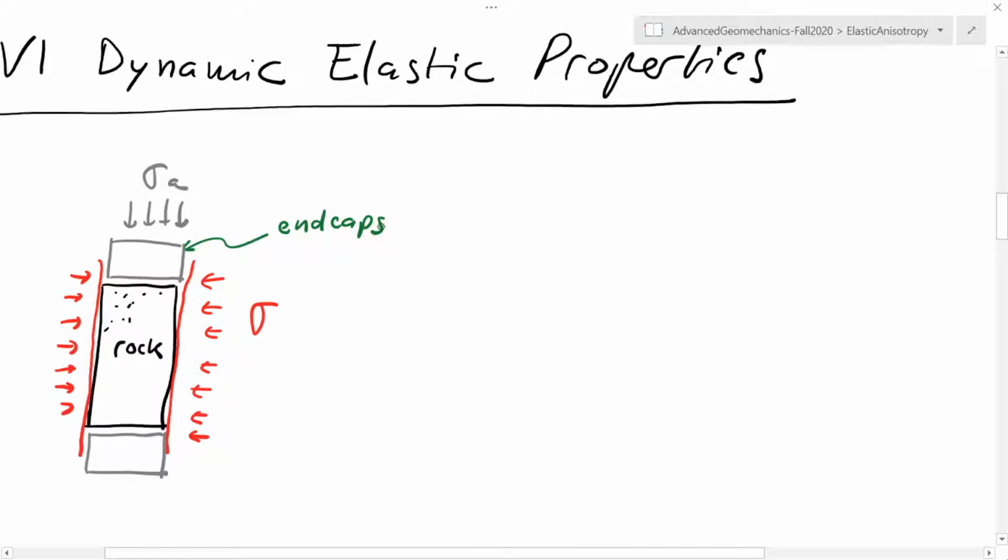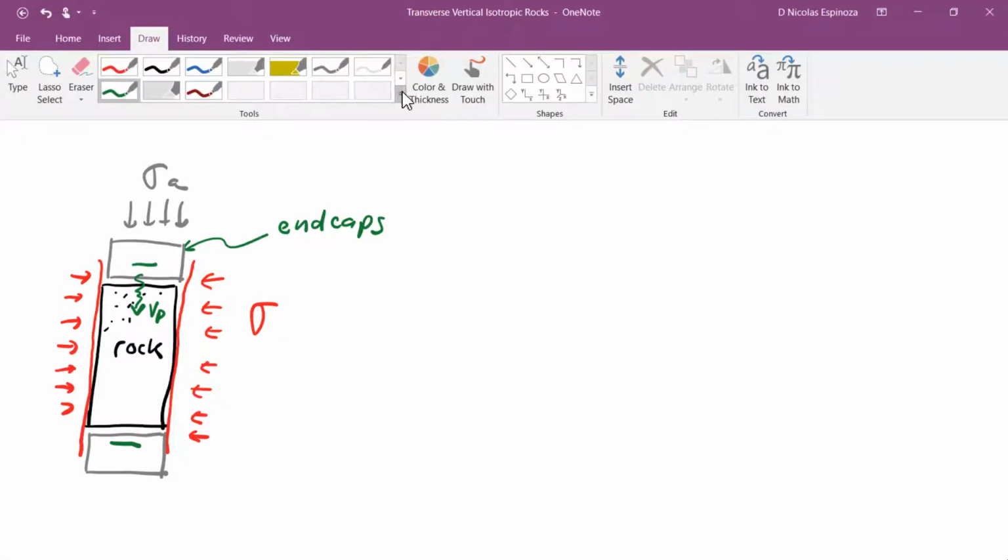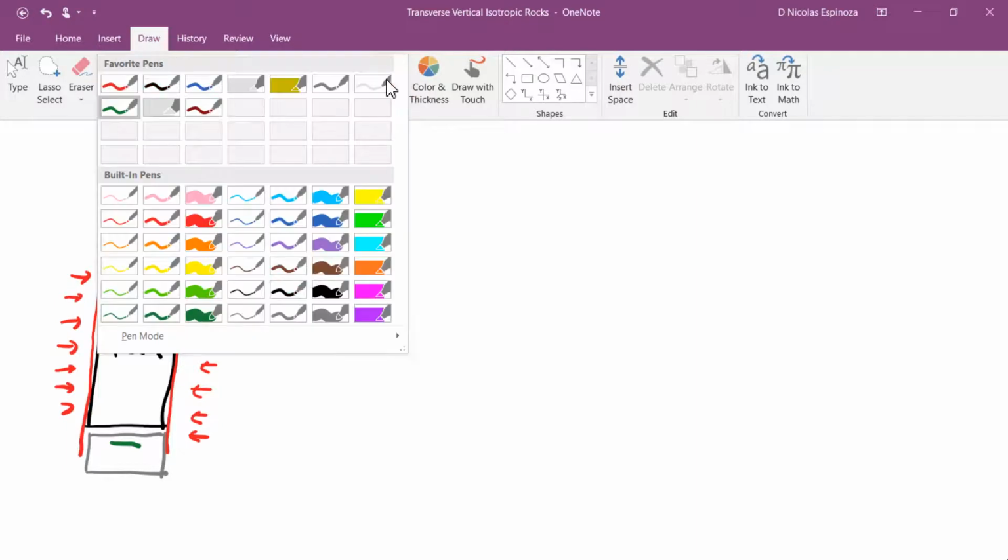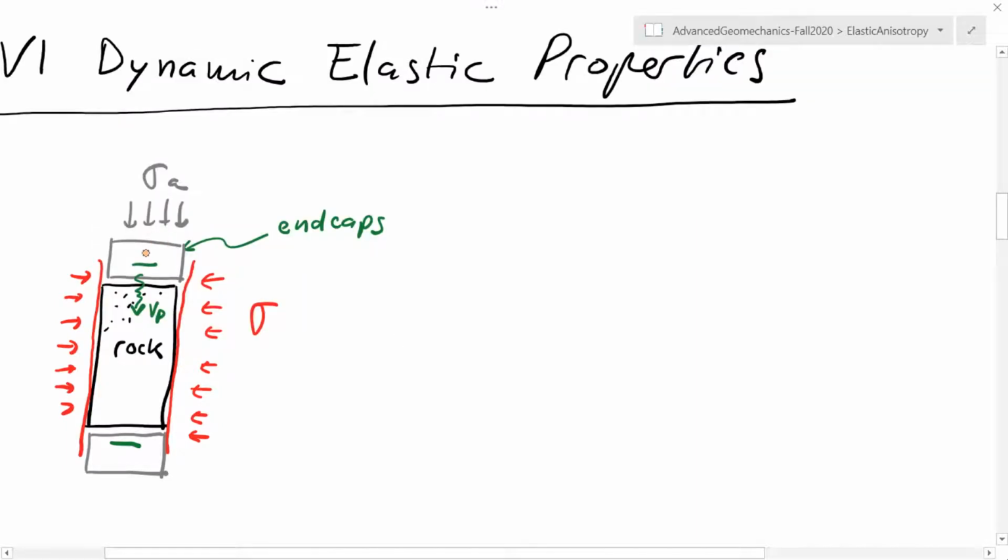This is the conventional method, and here we can have piezoelectric transducers that apply a P wave that goes through the sample, propagates, and you measure it with another piezoelectric crystal on the other end cap. And we can also apply a shear wave that is going to cause also a shear wave that travels through the sample, and you measure it on the other side of the end cap.